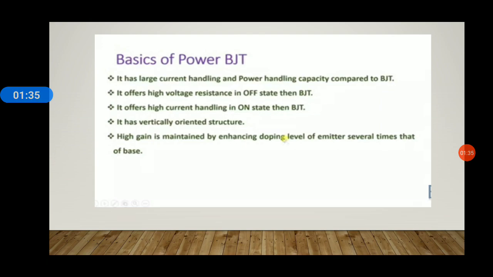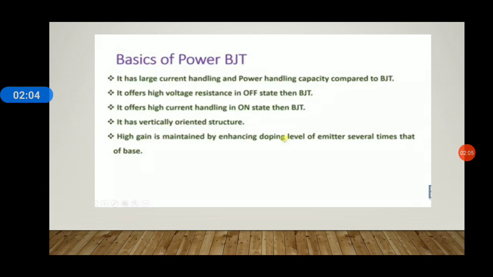That is, the power bipolar junction transistor is supposed to block a high voltage in the off state and have high current carrying capacity in the on state. In order to have these characteristics, the power bipolar junction transistor must have a very different structure than a small low power BJT, that we will study later in the video.